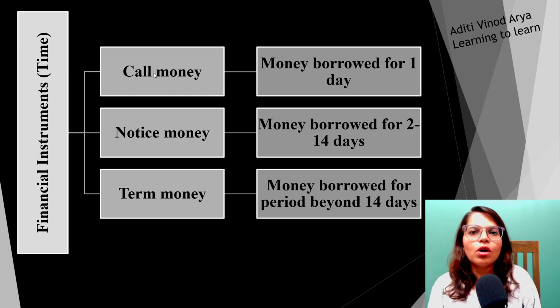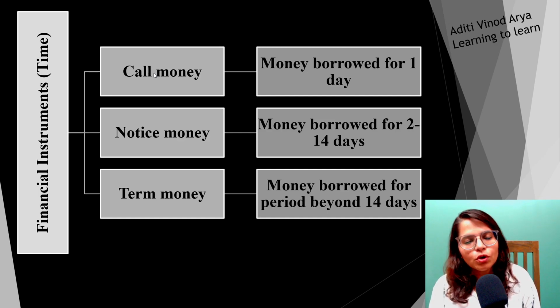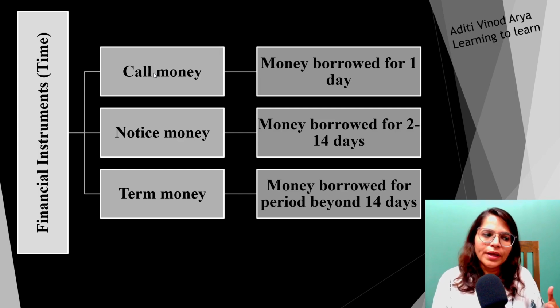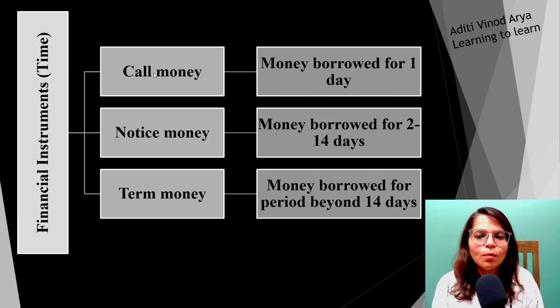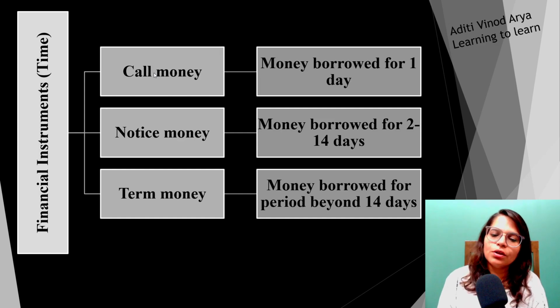Whereas if you want to borrow money from 2 days to 14 days, that would be notice money. And the last is if you want to borrow money for 14 days or beyond, then you'll go for term money.